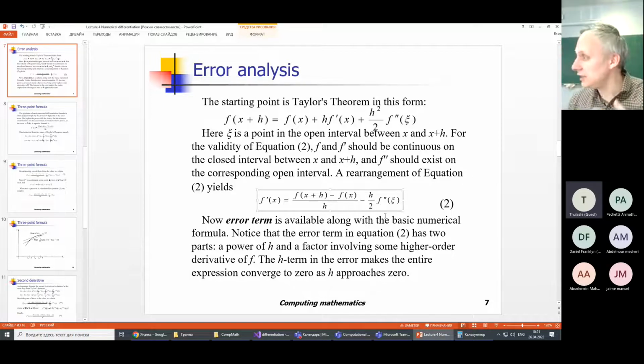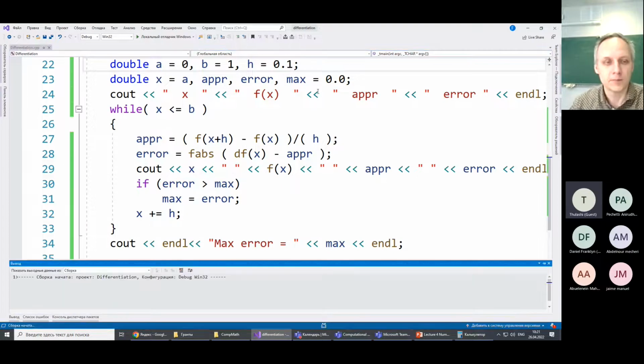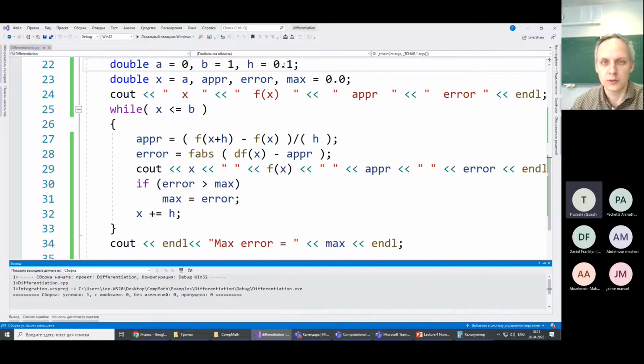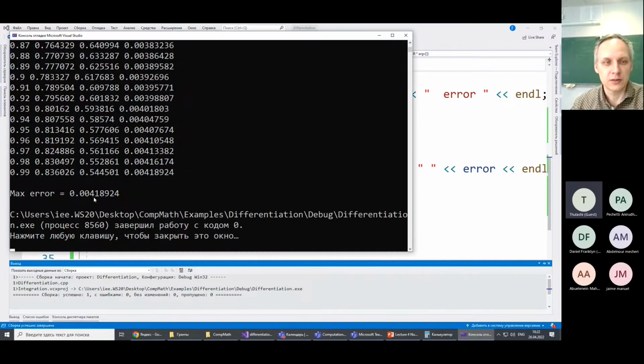It means that if I decrease the step 10 times, the error decreases 10 times too. Let's check it. The error is 0.04. And if I decrease the step 10 times, 0.004, 10 times smaller.